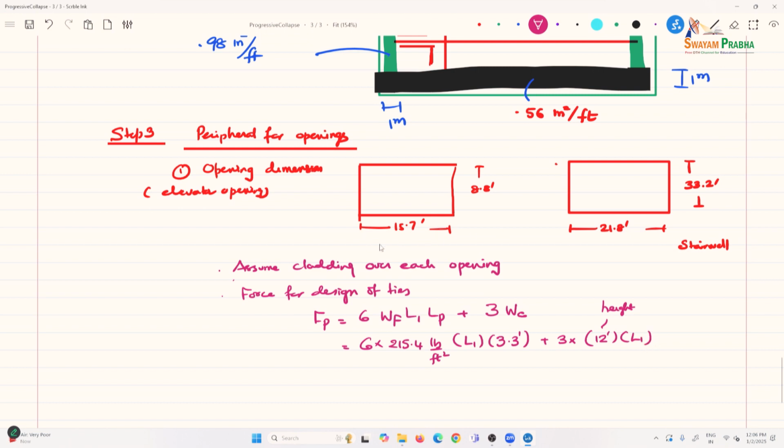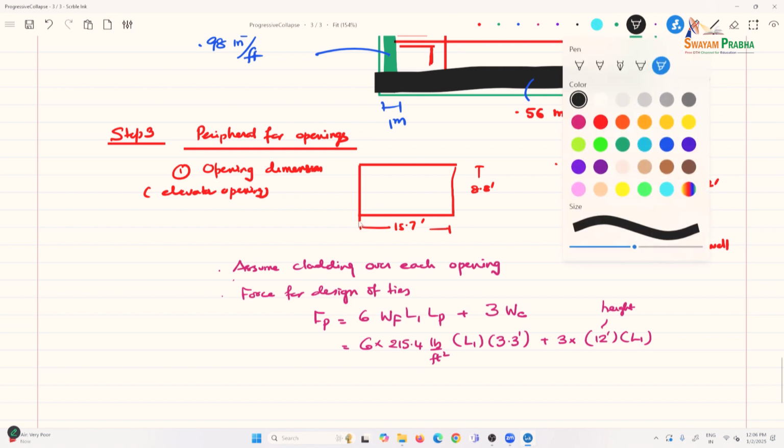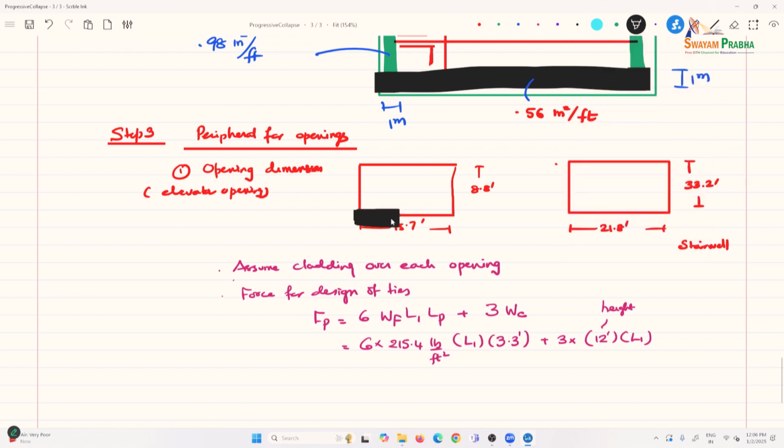So, L1 is the direction in which we are providing. You will be providing around here, here. We are just taking L1 to be that one.